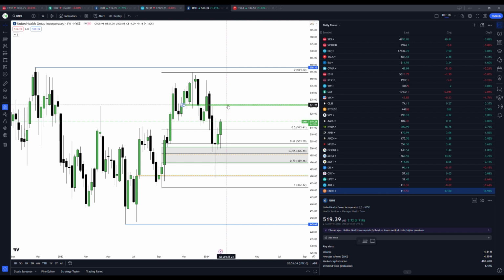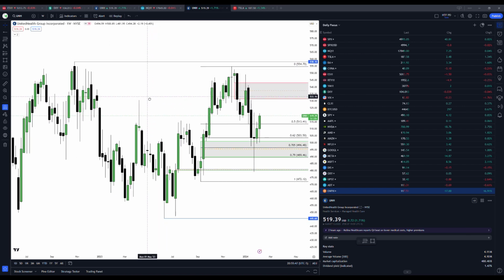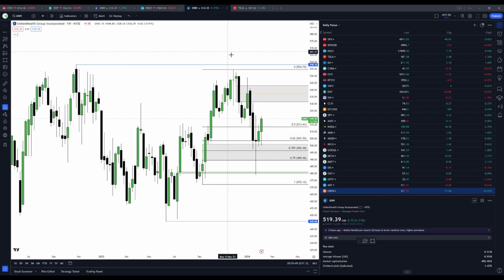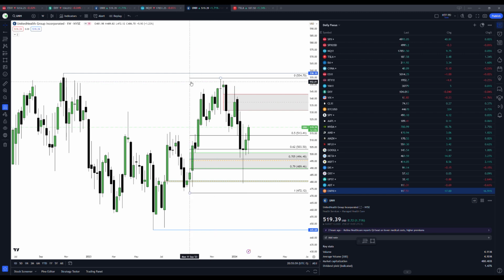Okay, well, this is where we're currently at on the higher time frame on UNH, and just from looking at this, I would tell you that we have relative equal highs, 554, 558. I know it's $4 apart, but the fact that we did not sweep liquidity here tells me that price is probably going to come back up here and take that.